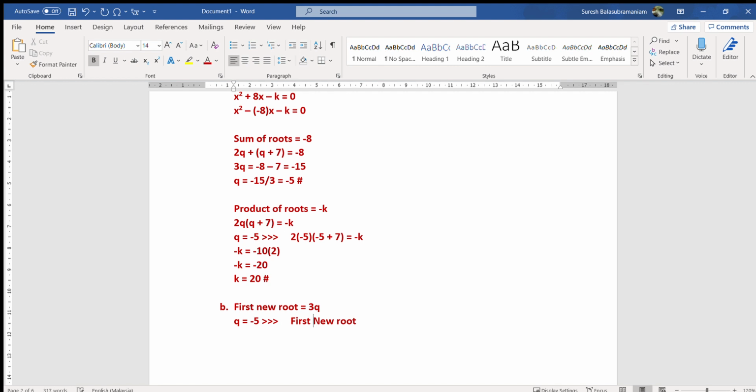First new root equals to 3 times negative 5, you'll get negative 15.